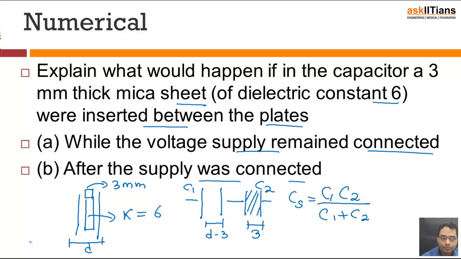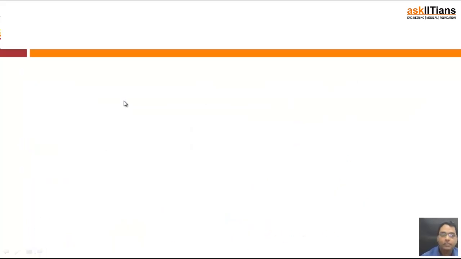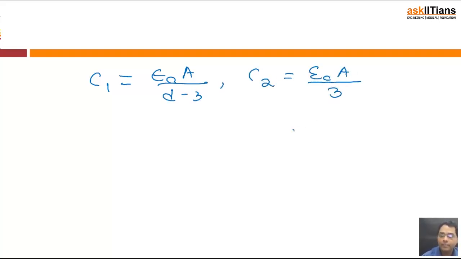Going further, let's move on to the next page. C1 is going to be equal to epsilon naught A divided by D minus 3, and C2 is going to be equal to epsilon naught A divided by 3 with a dielectric constant 6 in it. I'm only solving for the first part, because the charge is going to remain the same.